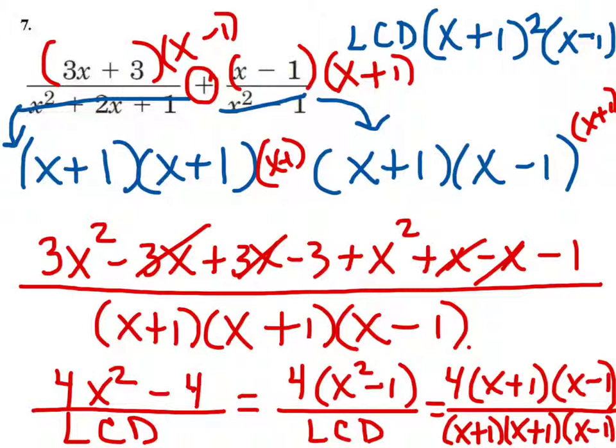Notice what we get to cancel. We get to cancel the x minus 1s and the x plus 1 factors. Now we're only left with a 4 in the numerator and an x plus 1 in the denominator. So let's express our final answer as 4 over x plus 1.